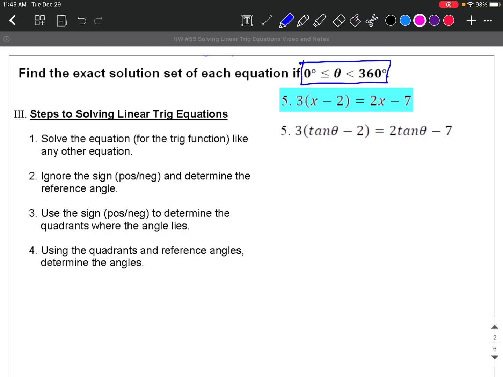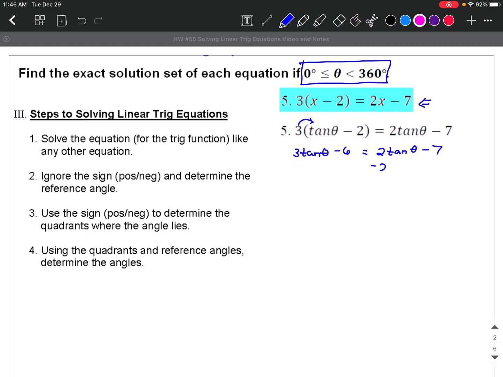So if I give you this equation, 3 times the quantity tan theta minus 2 equals 2 tan theta minus 7, that's very much like solving this equation: 3 times the quantity x minus 2 equals 2x minus 7. So the first thing we do is we distribute the 3. 3 tan theta minus 6 equals 2 tan theta minus 7.